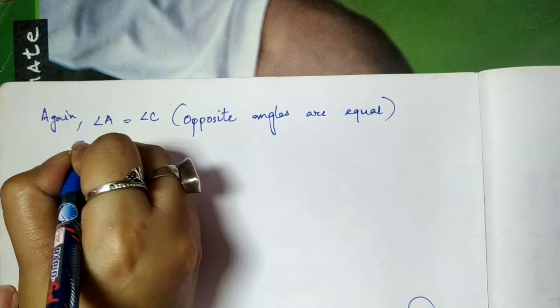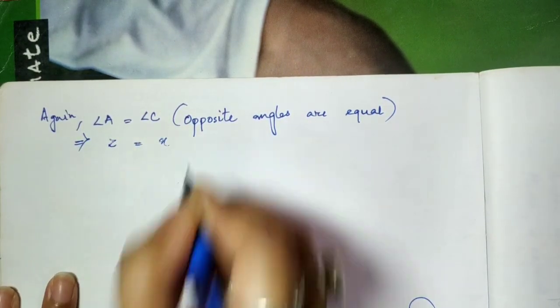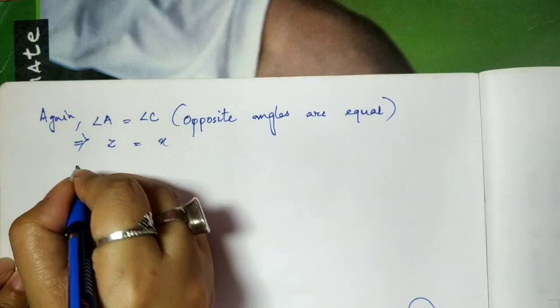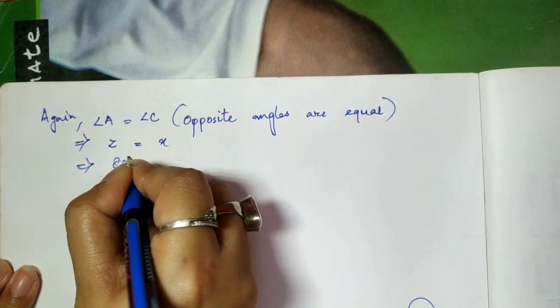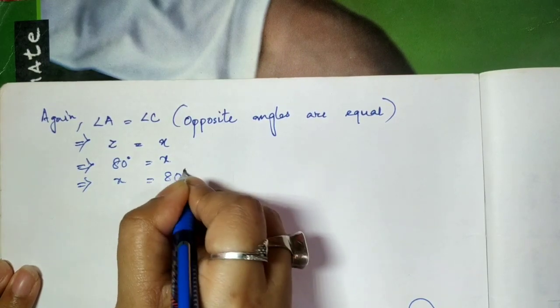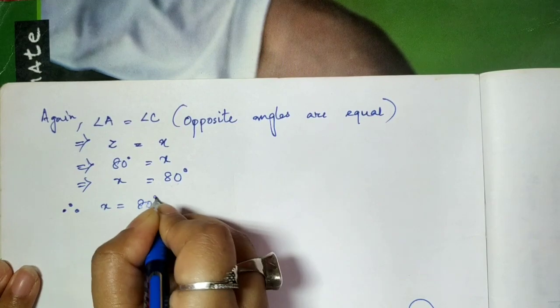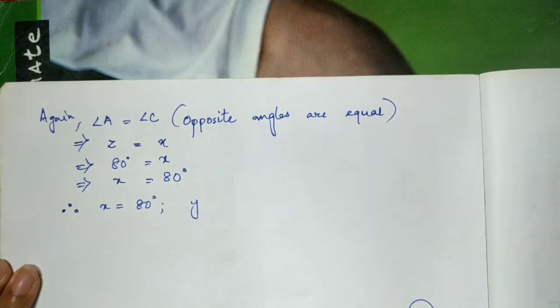That is the condition. So in place of A, we'll put z, and in place of this, it's given as x. What is the value of z we got now? 80 degrees is equal to x. This means x is equal to 80 degrees. So we got all the angles. Therefore, we have the unknown x is equal to 80 degrees. We have y as how much?